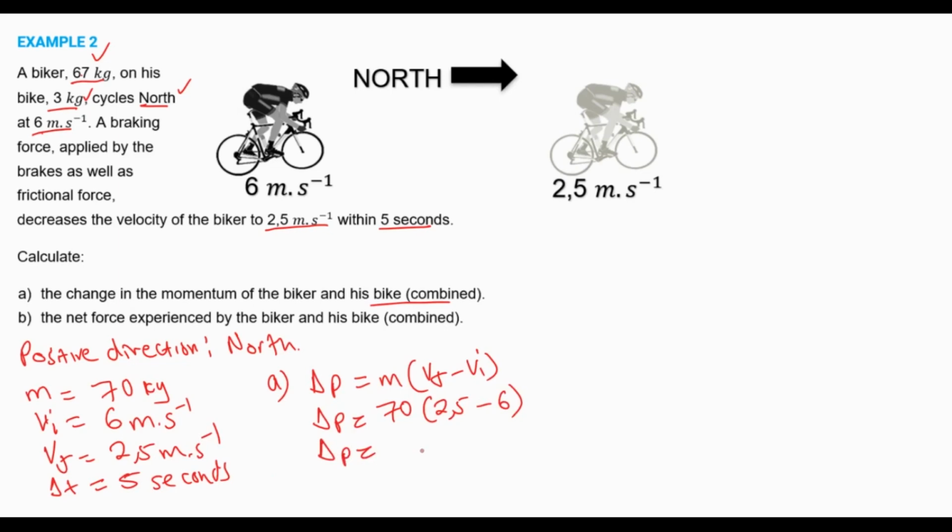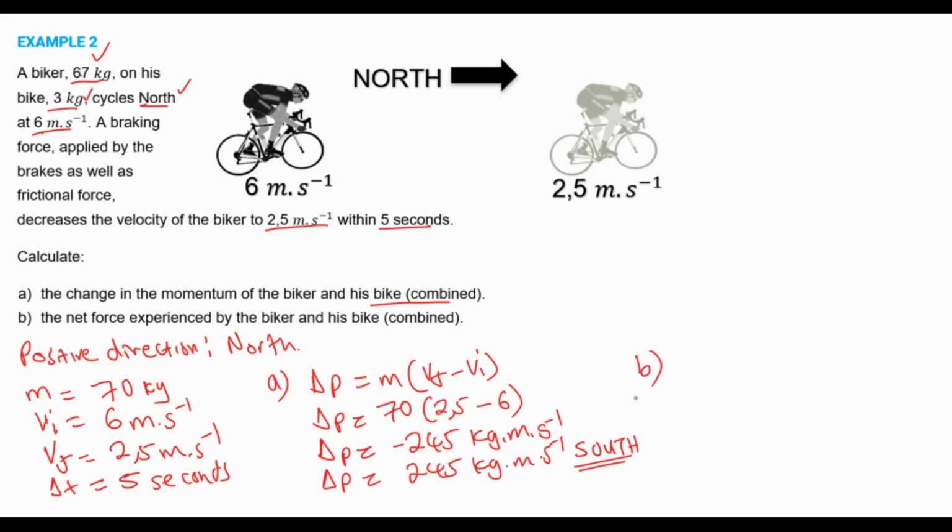Change in momentum is going to be negative 245 kilograms meters per second. Right, and then since it's negative, it means this will be 245 kilograms meters per second south. Right, opposite our positive direction because it's negative.